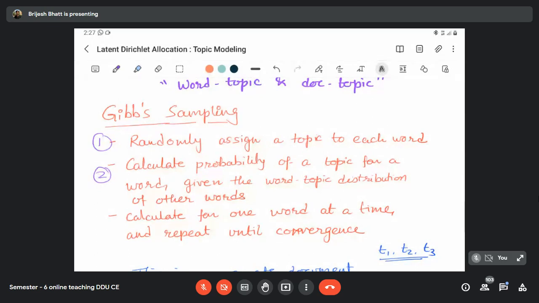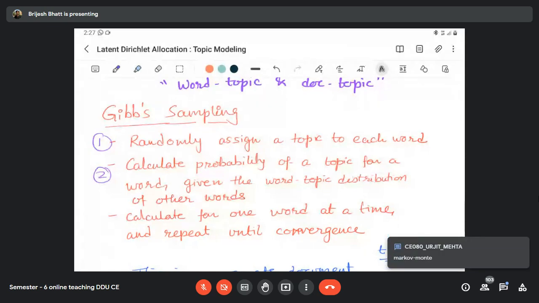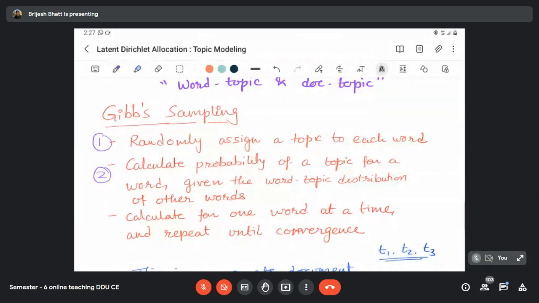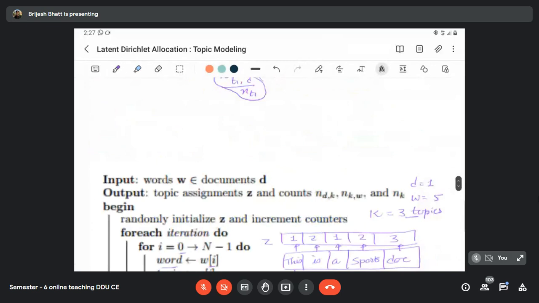Randomly assign a topic to each word. Then from the random assignment, calculate the probability of topic for a word, given the word topic distribution of the other words. Look at the word topic distribution and correspondingly assign the topic. Do it for one word at a time. So let us see what I mean by this.